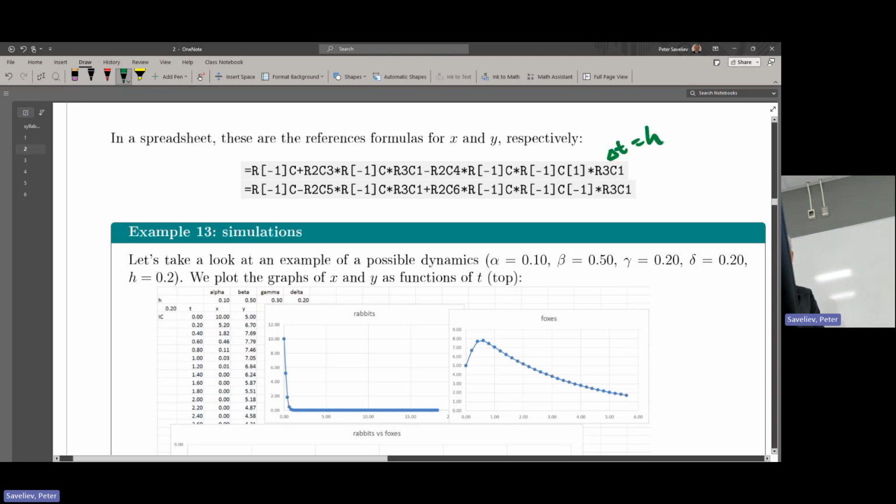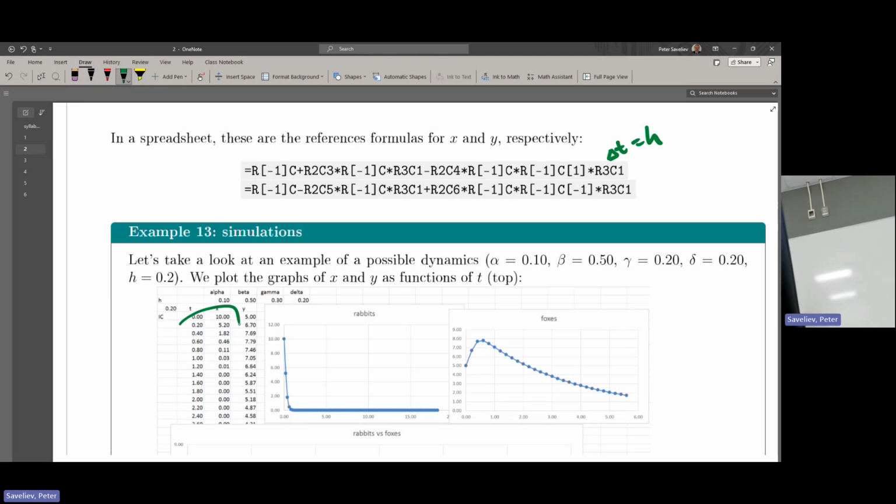Then as you can see, I plot x's against time, rabbits, and I plot y's against time, that's for the foxes. So you can see what has happened. It kind of happened what I just described, right? How do you read these graphs?